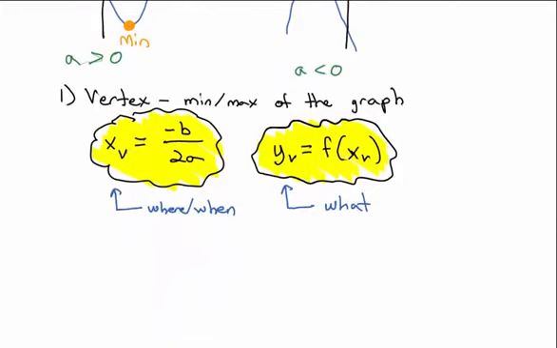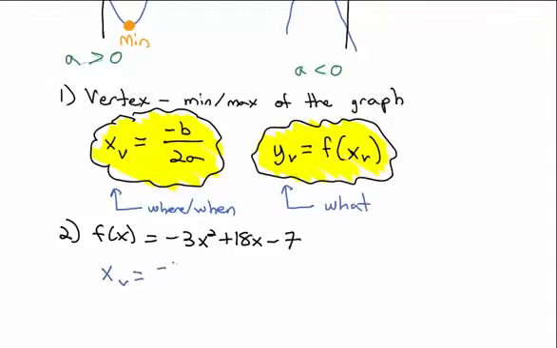So for example, we'll start with a really boring example that has no context at all. We're going to do f of x equals negative 3x squared plus 18x minus 7. If we want to know where the maximum of this graph is, we let the x vertex equal the opposite of b, which would be negative 18, over 2a, and a would be negative 3.